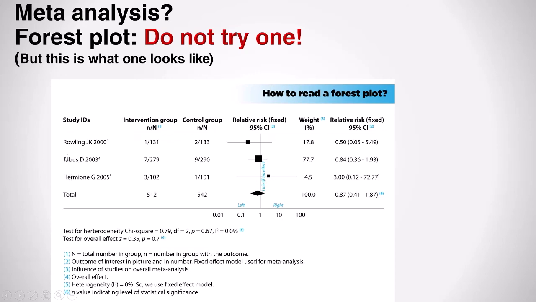You can see the studies in the review included on the side there. Obviously, this is just an example. There'll be more than 3. So the forest plot is just a numerical, statistical way of showing the effect size of an intervention, typically. But in terms of understanding anything further than that, don't worry about that, and certainly do not attempt to do one.